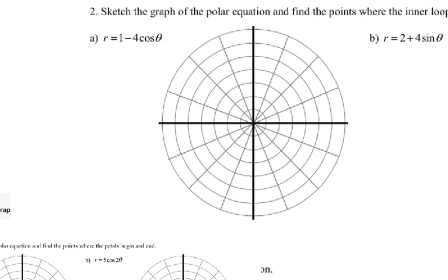Okay, so let's work on the Cartesian graph. So the 1 tells me that I'm up 1. My sinusoidal axis is up 1. And then the 4 tells me the amplitude. So I need to be 4 up and 4 down.